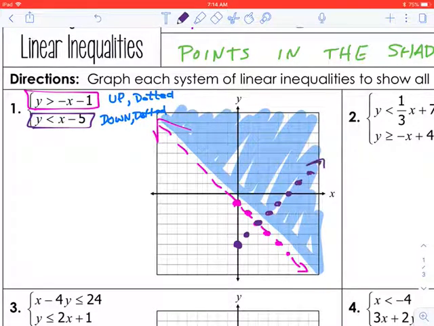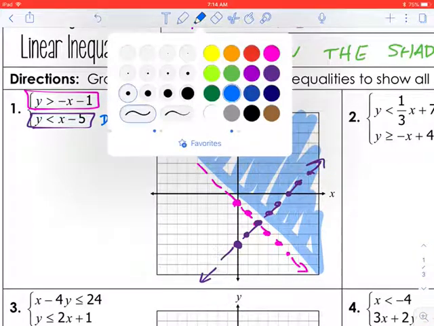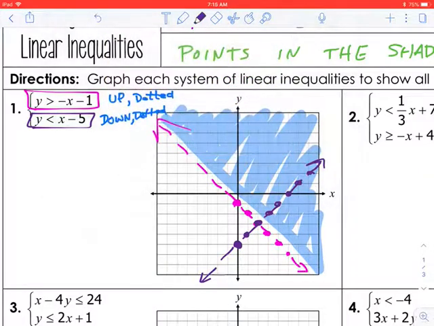And so, yet again, I have a dotted line, and this time I'm shading downward, okay? So what I want to make sure I'm paying attention to is I'm not going to shade downward the whole way. I want to shade downward where it's already shaded. So this would be pointless to shade. This, I'm shading downward there, and that is my solution.